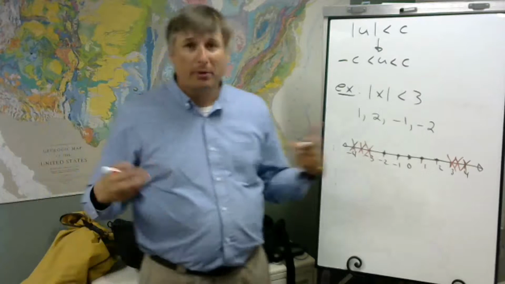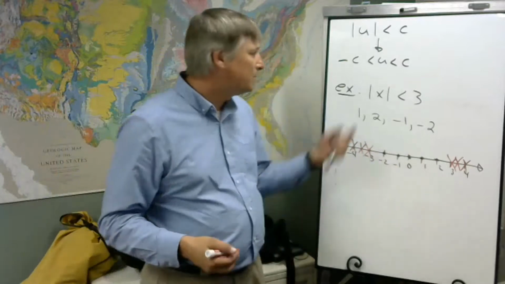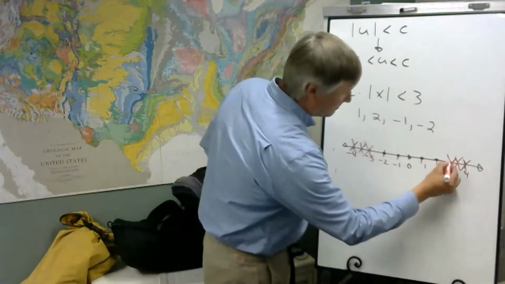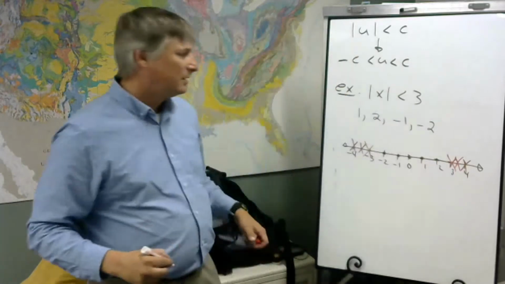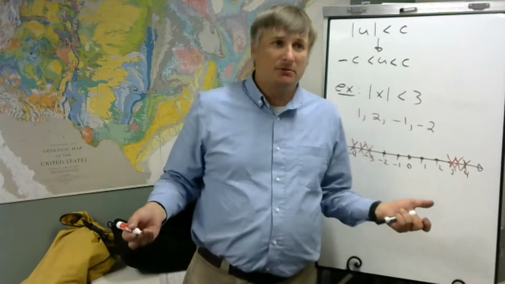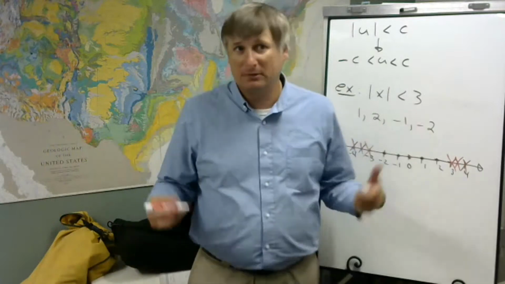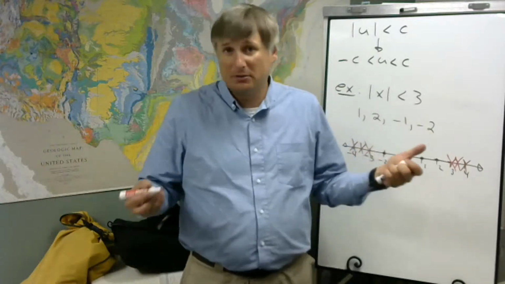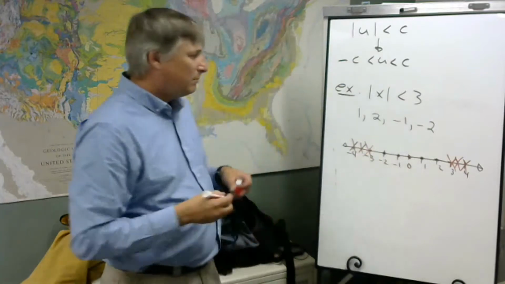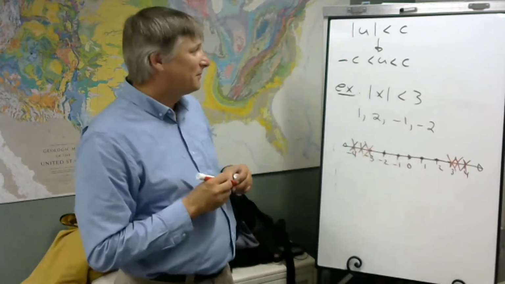But you could do 2.9999. 2.9999 is less than 3. So that's working. Negative 2.9999. Take the absolute value. It's now positive 2.9999. And that is still smaller than 3. So that works. What we ultimately figure out is this.